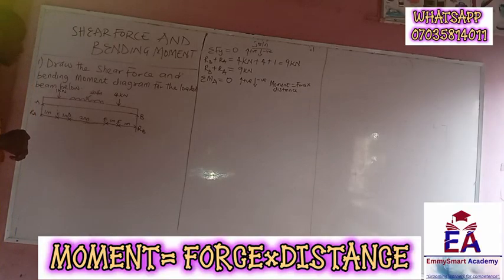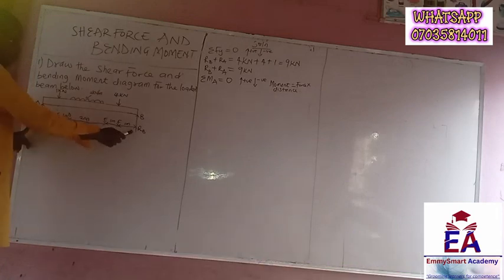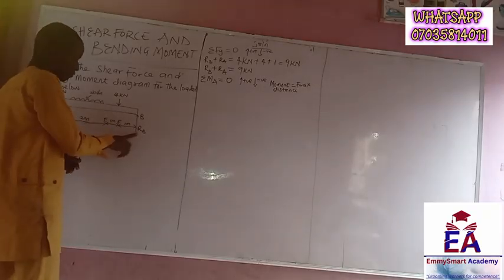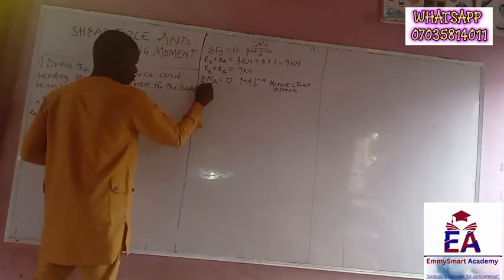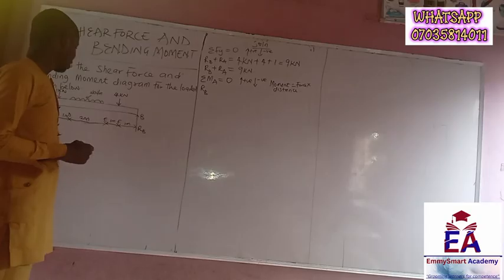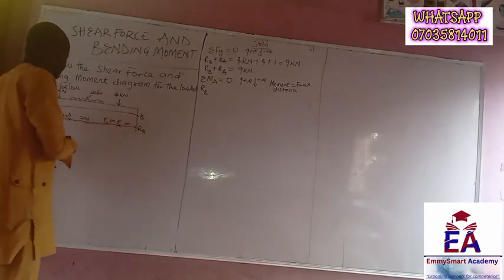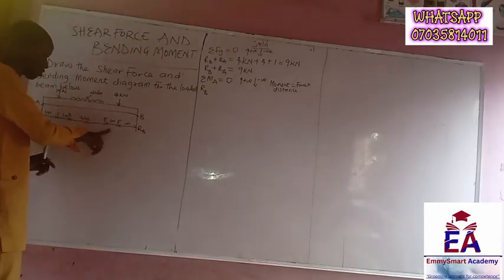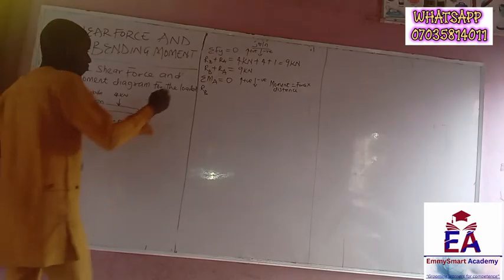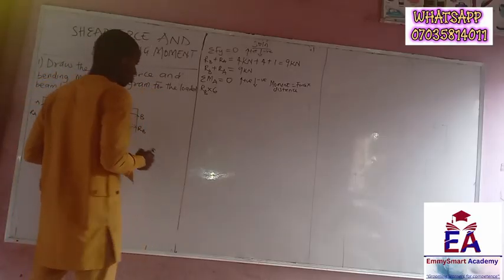If I'm taking the moment about point A, I'll start from here to take the moments. I have the force RB, an upward force, so it's positive, times the distance covered. The distance here is 1 plus 1 is 2, plus 2 is 4, plus 1 is 5, plus 1 is 6, so times 6.